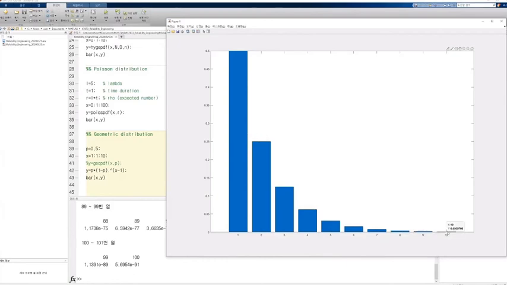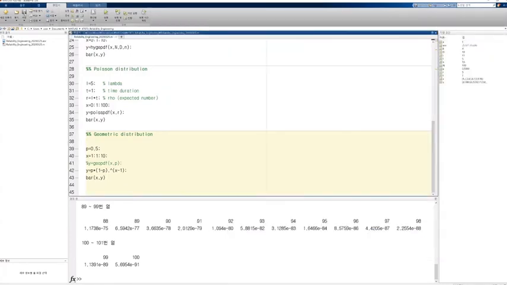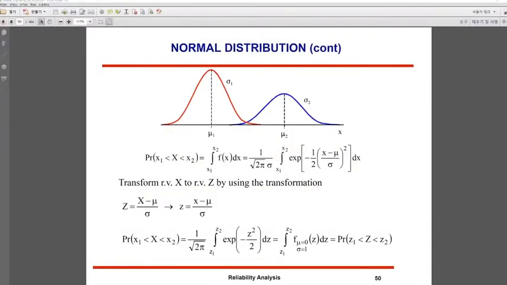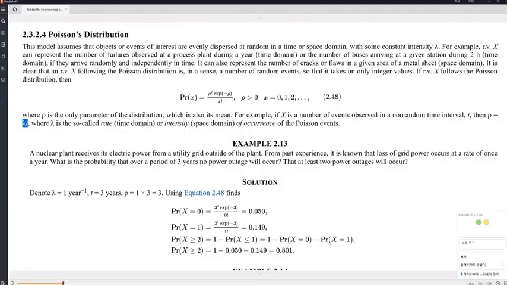The success in the 10th trial would be almost 0.1%. So this is an example of a geometric distribution. We just finished all the examples of geometric distribution.